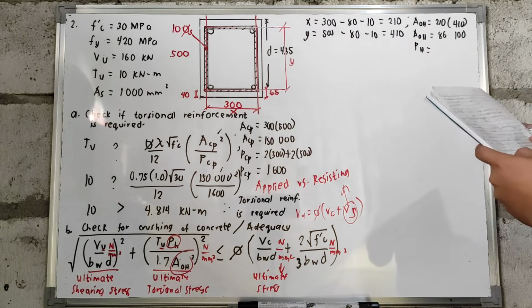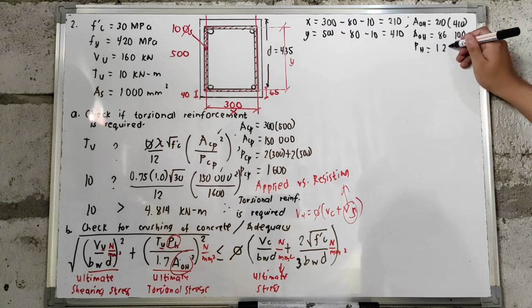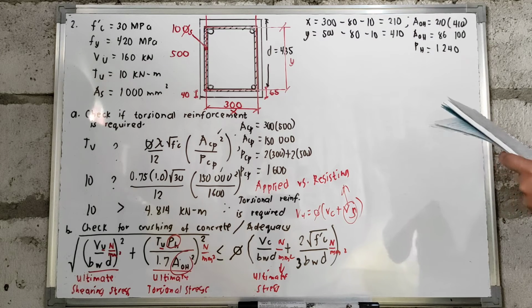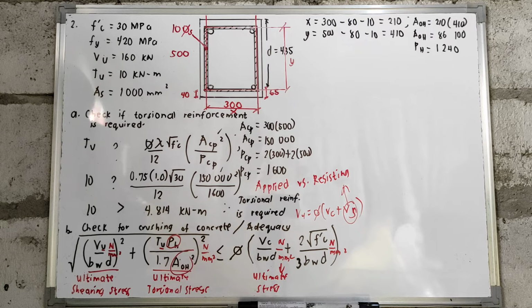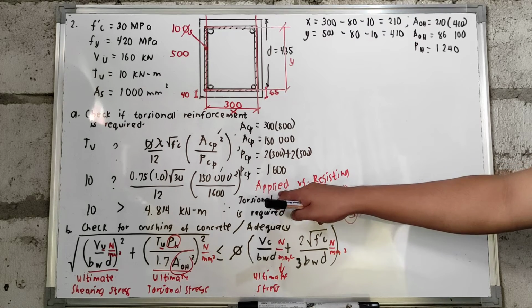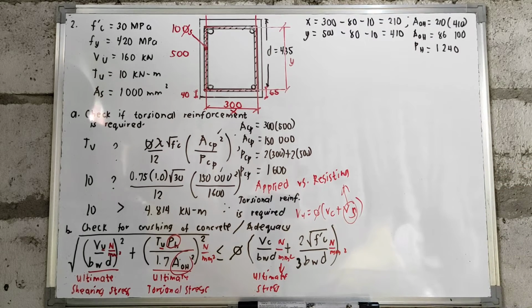So, you will have a value of 1,240 mm. After calculating for the value of your Aoh at saka yung value ng ph natin, masosolve na natin yung applied stress natin, at makokompare na natin siya dun sa resisting stress natin.